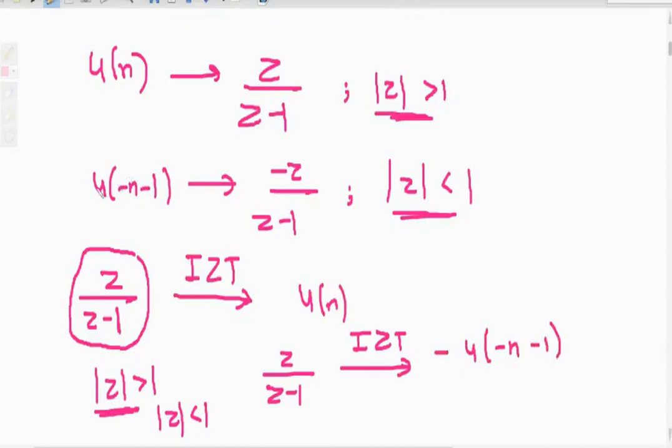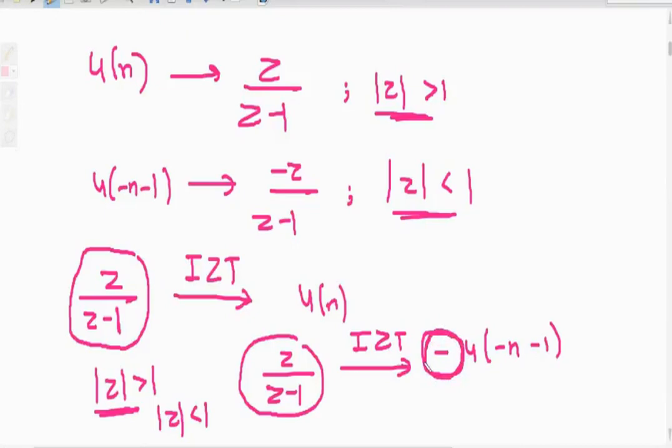That's why minus u of minus n minus 1 has Z transform Z upon Z minus 1. It completely depends on the ROC, because here we have the same signal, but if the ROC is greater then u of n, and if it is less then u of minus n minus 1, along with a negative sign.